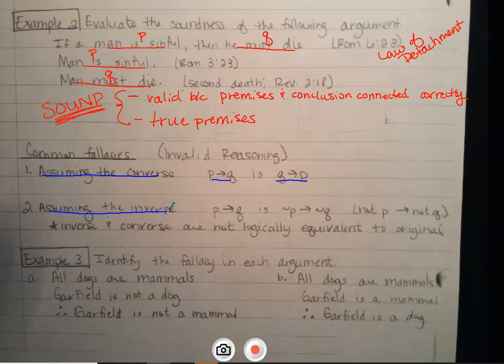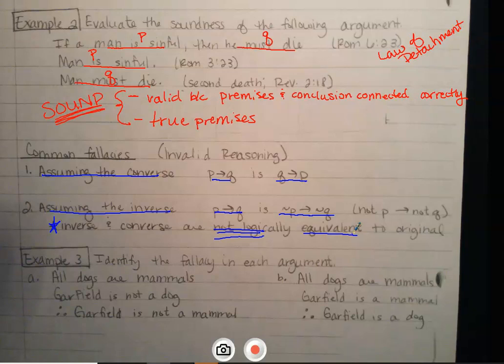The inverse is if we say, well, if P then Q is the same thing as if not P then not Q. Well, it's just also not true. There are things that can be not P but also be not Q. So here's the deal: the inverse and the converse are not logically equivalent to the original.